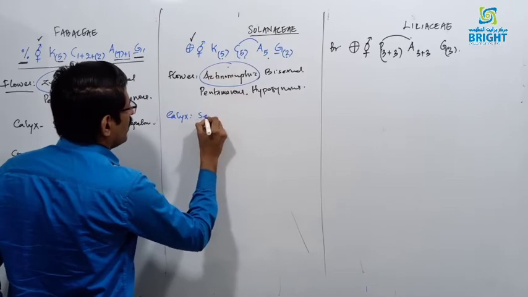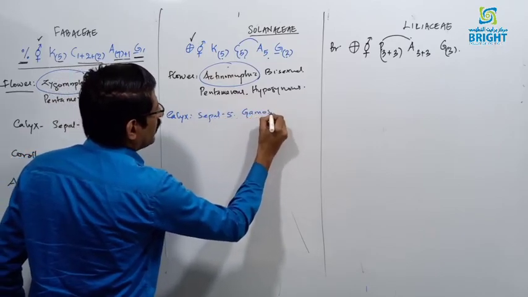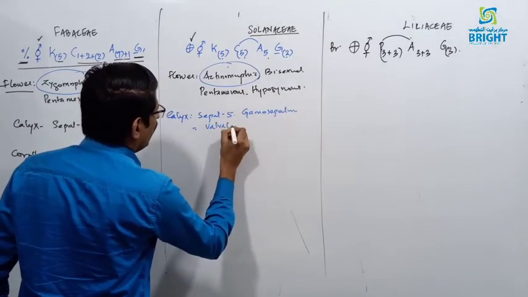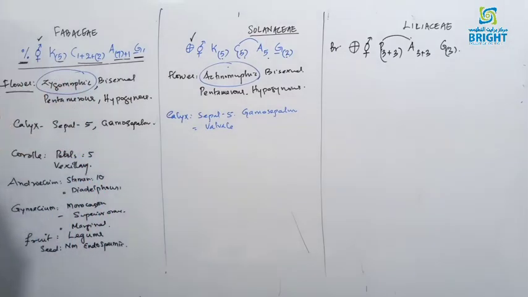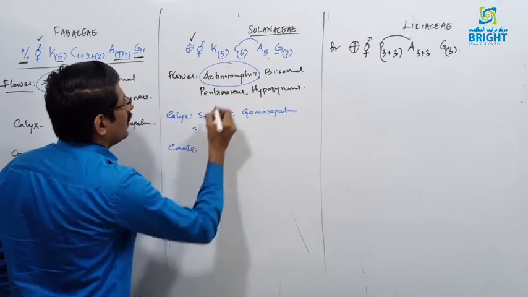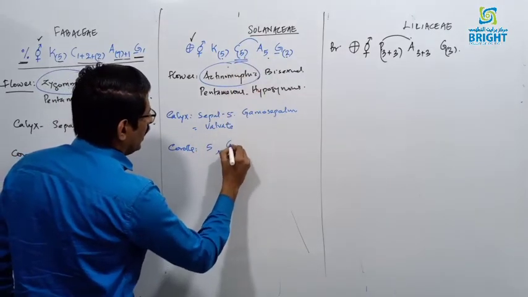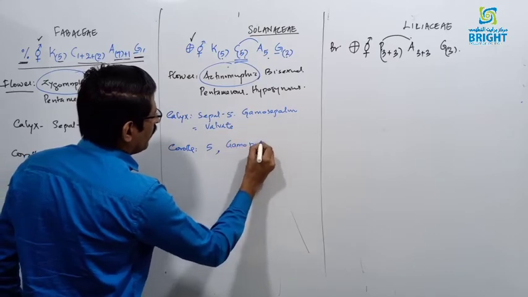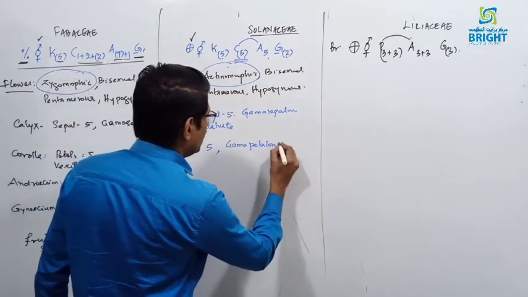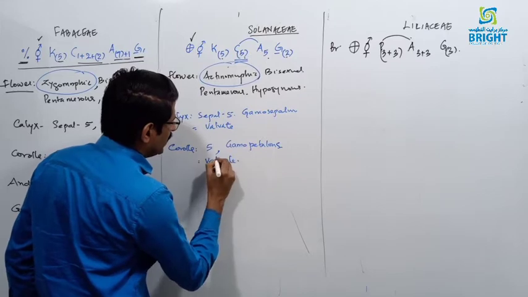Sepals 5, gamosepalous, with valvate aestivation. And the corolla has petals 5 and is gamopetalous, that is, fused, also with valvate aestivation.